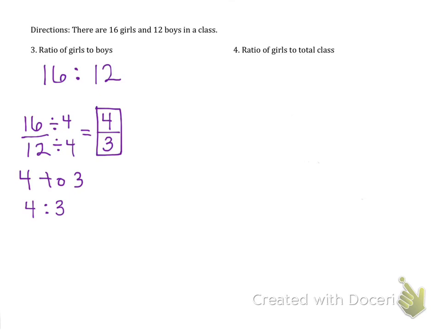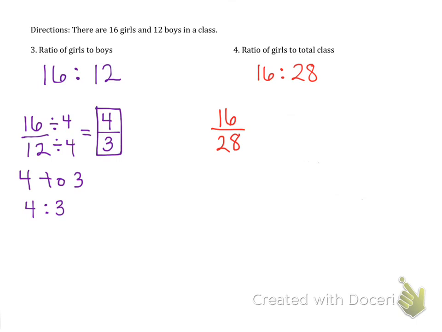Number 4, we want to find the ratio of girls to the total class. Well, the number of girls is 16 girls, and then the total class, if I add 16 plus 12, would be 28. So we would have 16 to 28. I'm going to write this again as a fraction to simplify it.